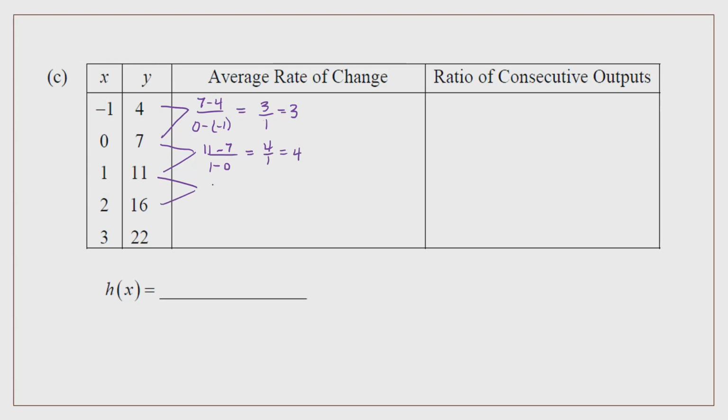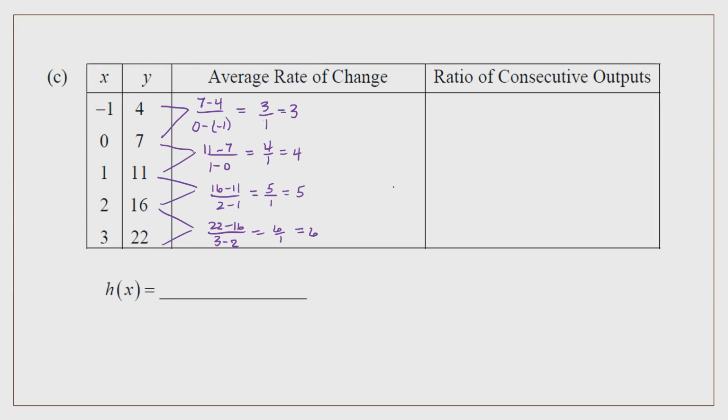Next, 16 minus 11 divided by 2 minus 1 equals 5 over 1, which equals 5. And the last one, 22 minus 16 divided by 3 minus 2 equals 6 over 1. Yep, 6 over 1, which equals 6.